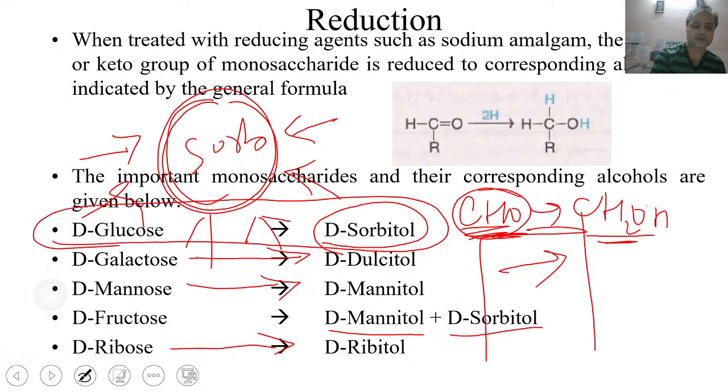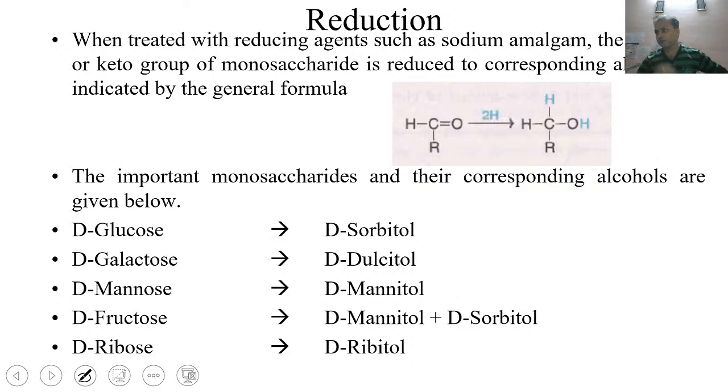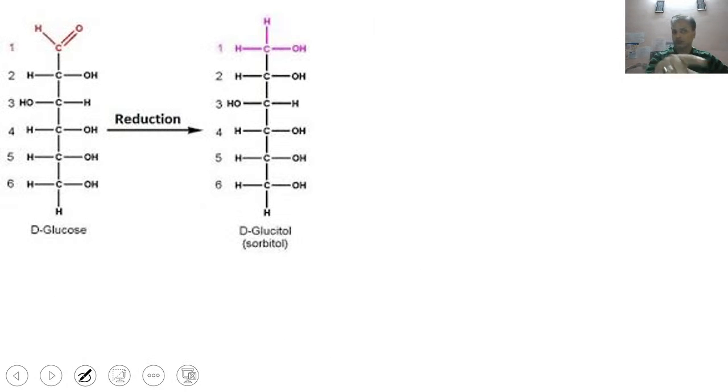Why does this happen? Why does fructose give you two different products? Can anyone tell me? So this is glucose. Just think about it, and I am coming there. This is glucose. In glucose, if this CHO aldehyde group goes for reduction, I have told you that an aldehyde after reduction gives you a primary alcohol.